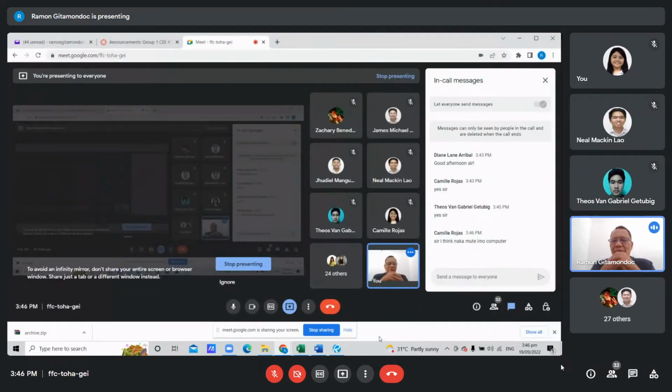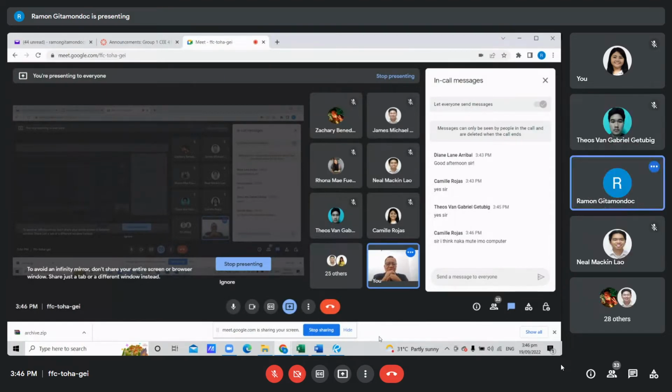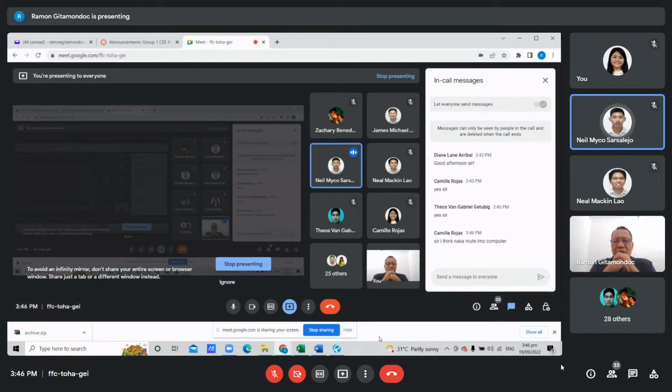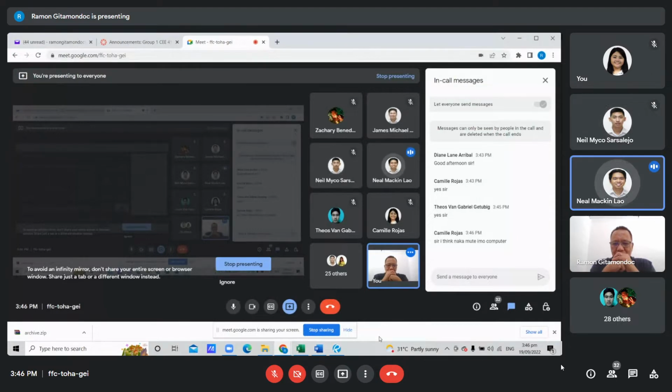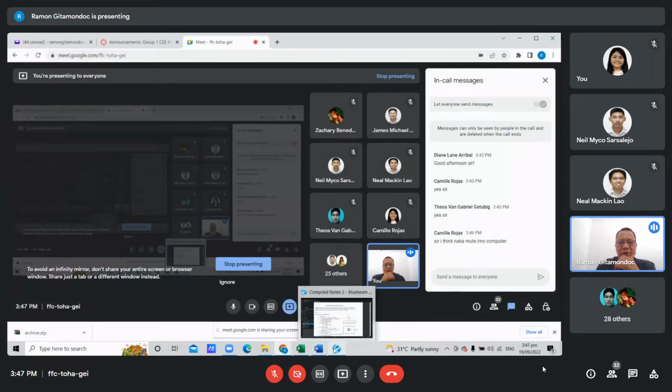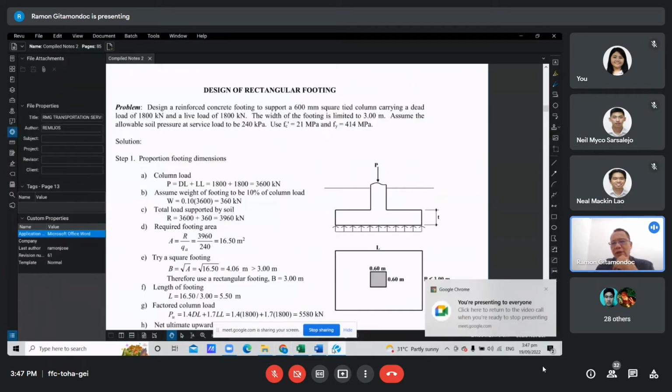So nahuman na mo tag-discuss sa first topic, no? Katong square footing. Okay. So karon nga meeting ang atong i-discuss kining design sa rectangular footing, no?